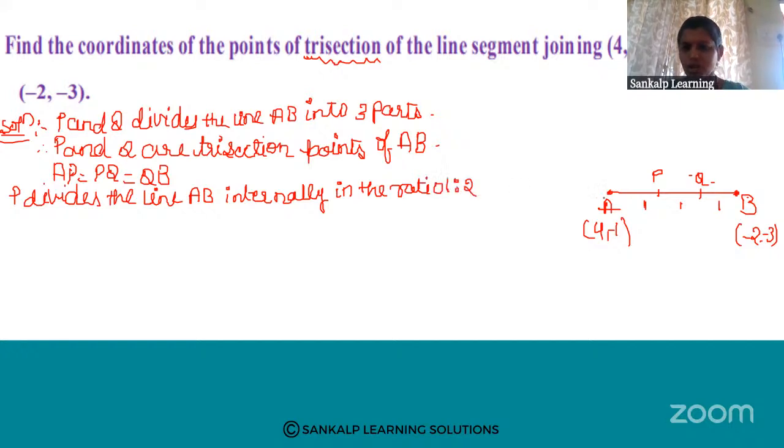Because A to P is 1, and P to B is 1 plus 1, that is 2.